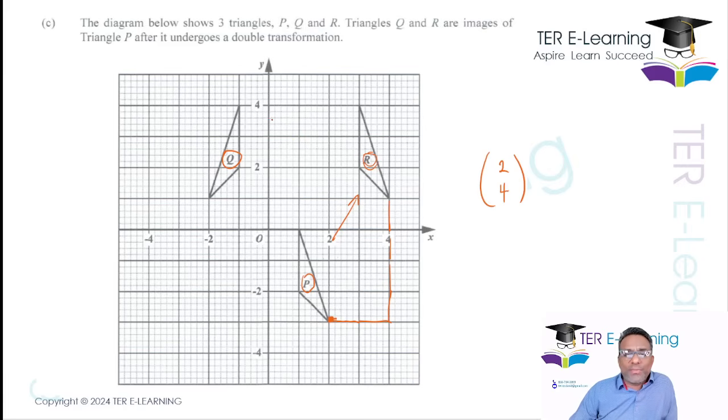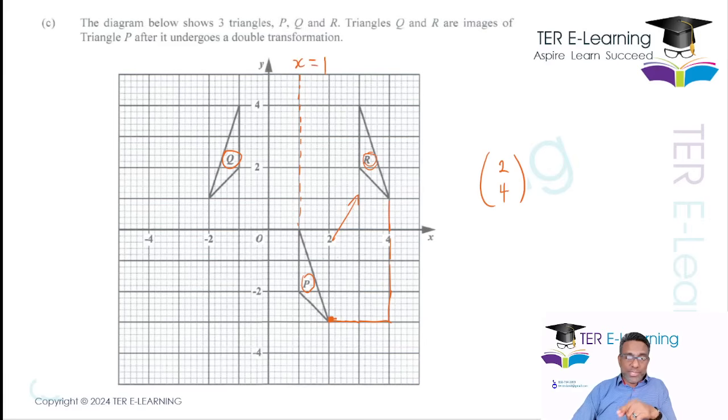Now, once you indicate it's a reflection, you're going to have to state what the mirror line is. So this vertical line here is my mirror line. And that mirror line has an equation given by x is equal to 1.